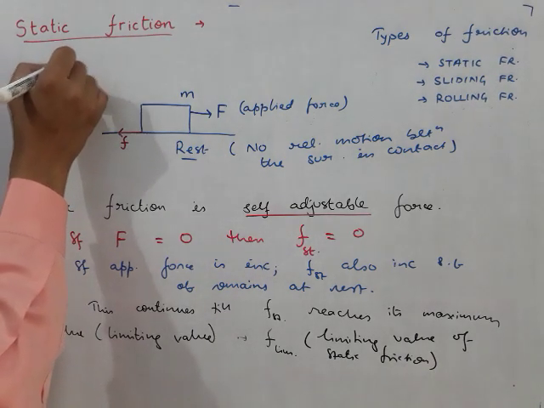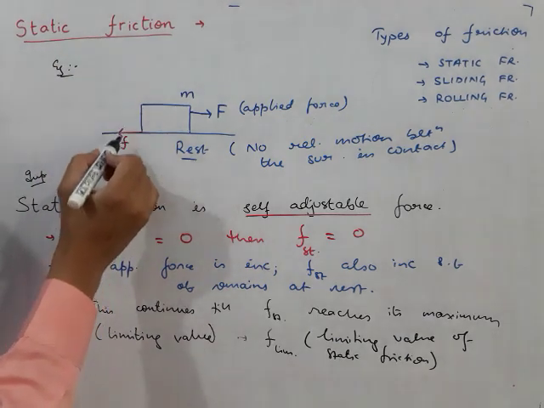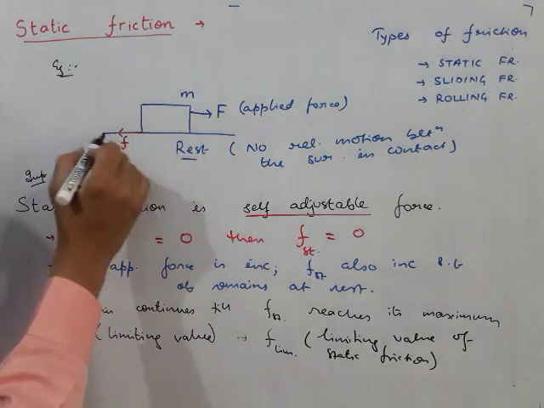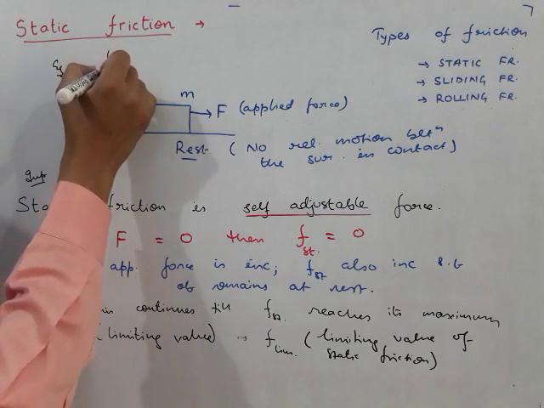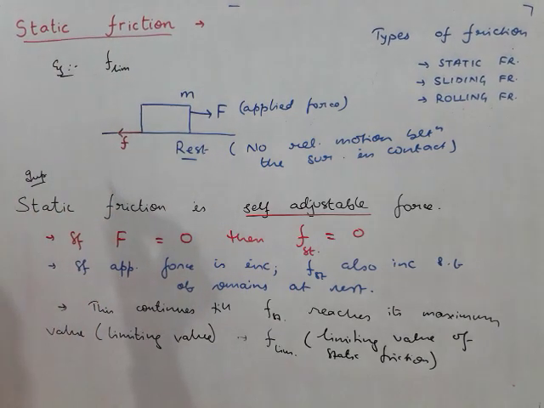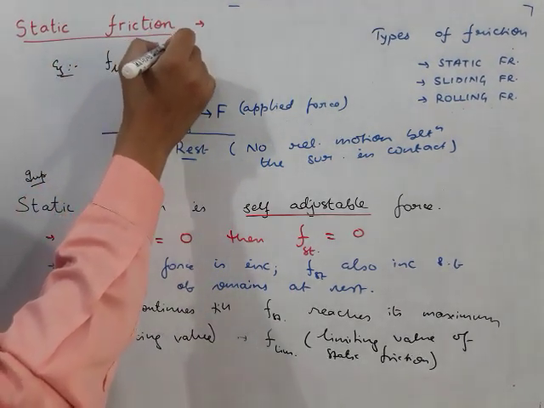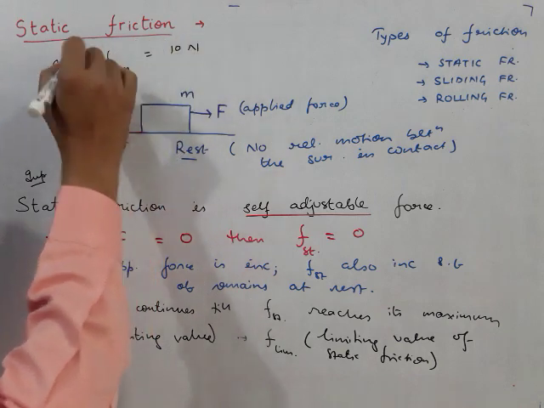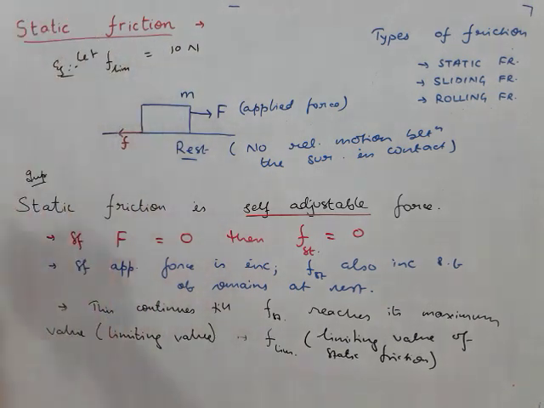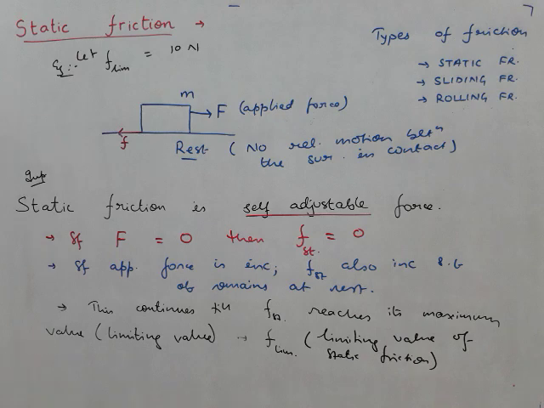Suppose I take an example of the static friction between the table and the floor. That static friction has a limiting value, F limit, that is suppose 10 Newton. I am just assuming it, it can be more, it can be less.